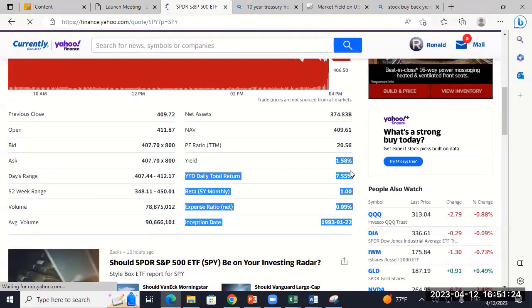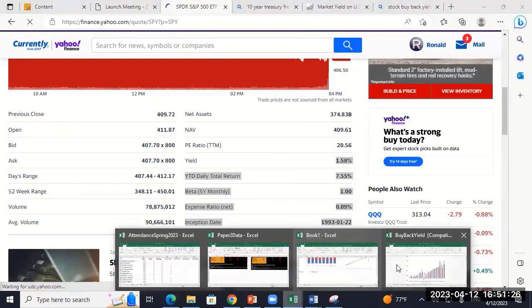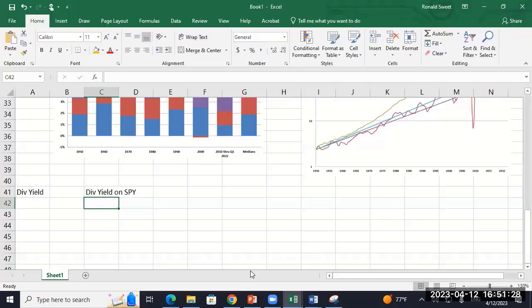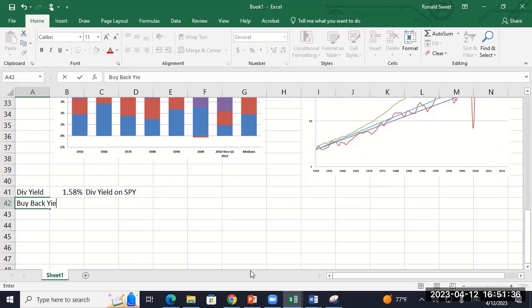The dividend yield is 1.58. So I've got that number. If you want to do buyback yield, you can. You'll have to have a little discussion. Let's say that's about 1% or less.